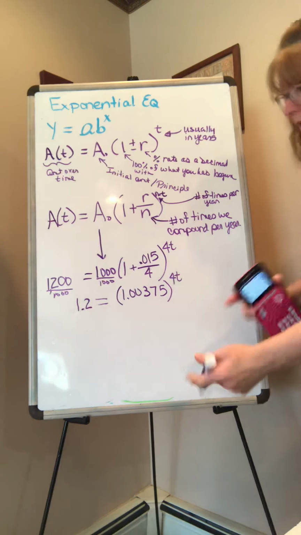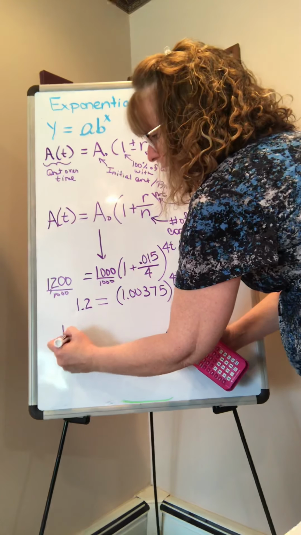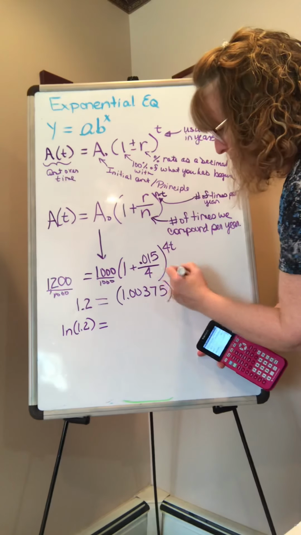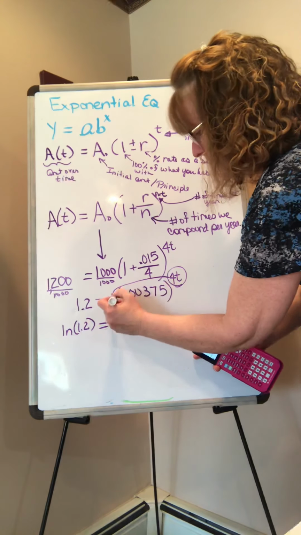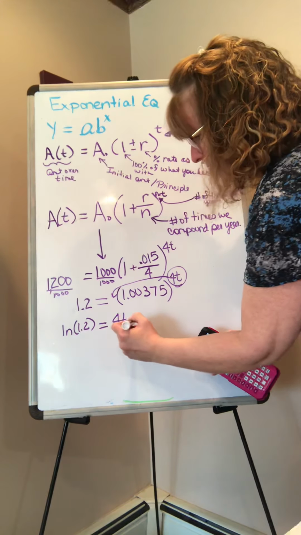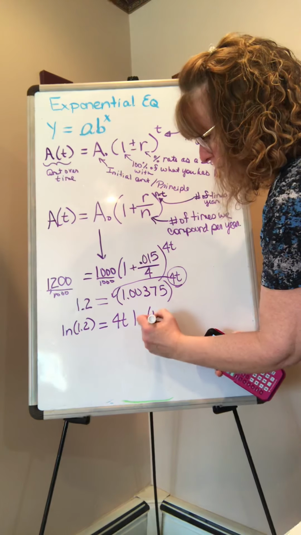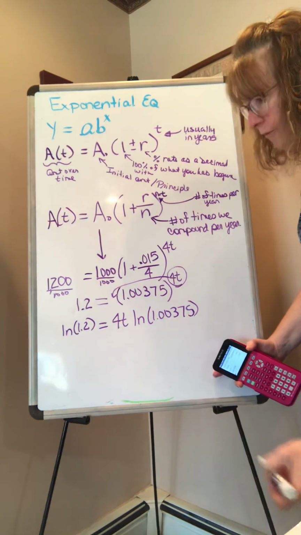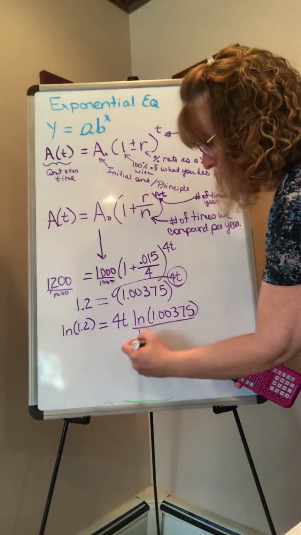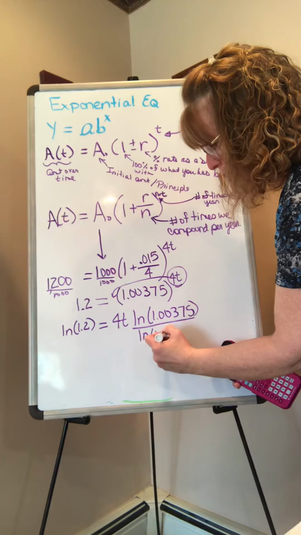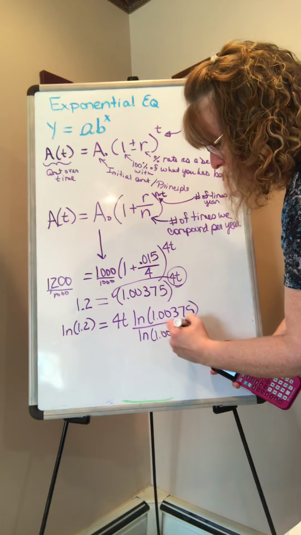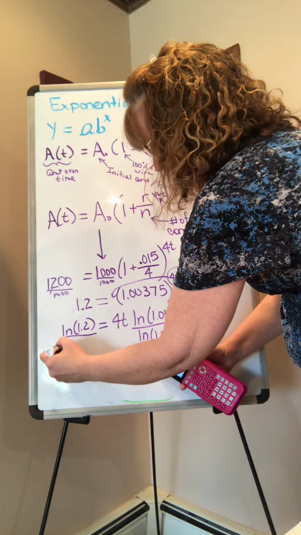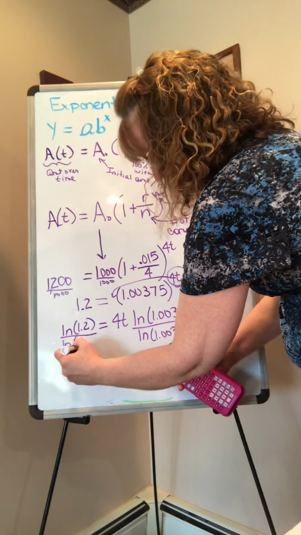So now we need logs. So natural log of 1.2 is now equal to, this exponent is going to come down in front, 4t times the natural log of 1.00375. If I'm going to solve now, I'm going to divide by this natural log of 1.00375, and I'm going to hold this division answer, this quotient, on my calculator.